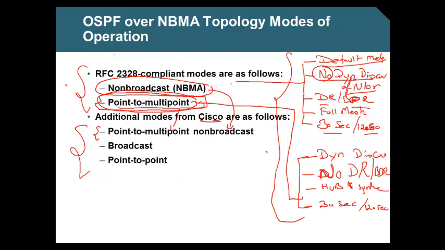Close look. Point to multi-point, non-broadcast. Putting this and this together. Cisco has come up with an idea, which is combination of these two which we have learned now. The best of these two is taken.